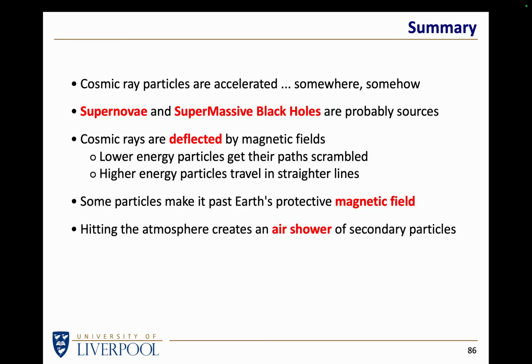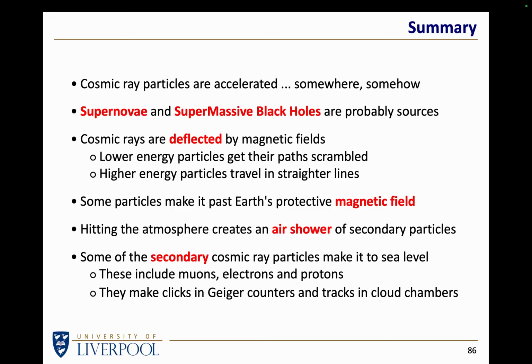Hitting the atmosphere produces an air shower of secondary particles, and some of those secondary particles make it to sea level. Not necessarily all, but a fair fraction of them. And those that do, including muons, electrons, protons, make clicks in Geiger counters, and they make tracks in cloud chambers. And that's what we've been seeing this morning.